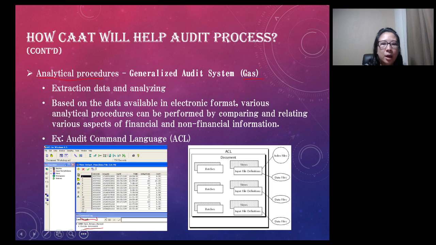So we can do a query in the ACL, and after that we can find out what the unusual transaction is. So the analytical procedure can vary; it depends on what the company needs to achieve during the auditing.